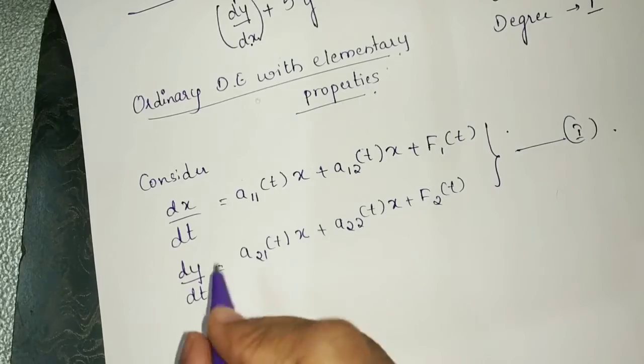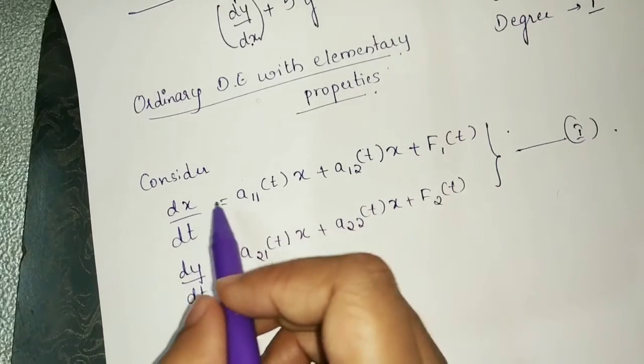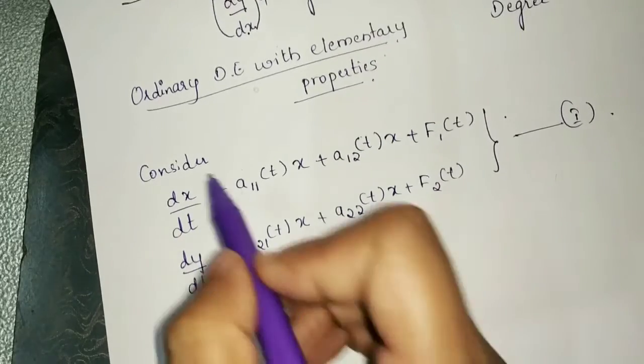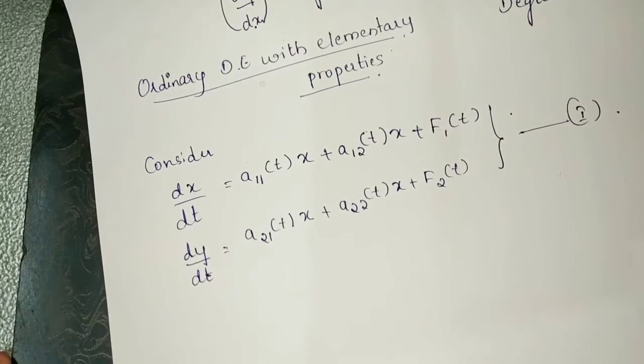You can observe here that both are differential equations because of the derivatives involved in these equations. The equations are functions of t, right? Here t is the independent variable.